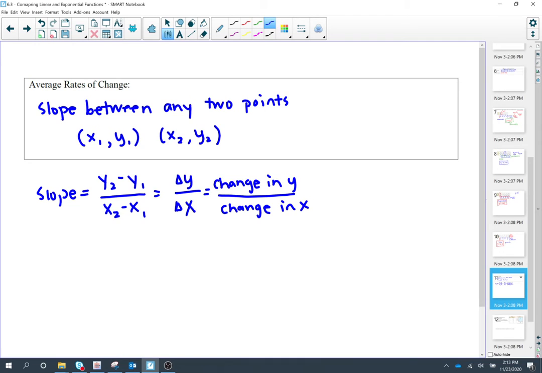One more thing before we move on: you don't see it too often, but some people use AROC as an abbreviation for average rate of change.